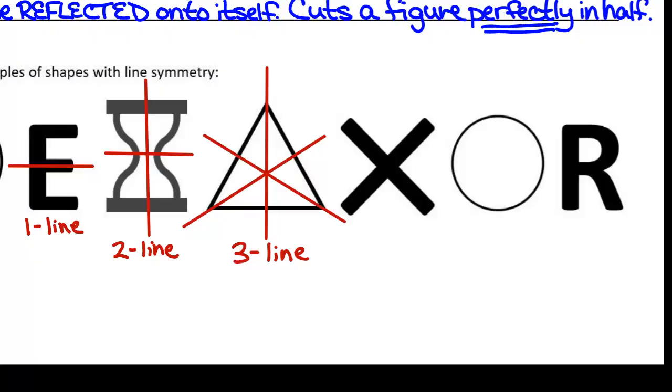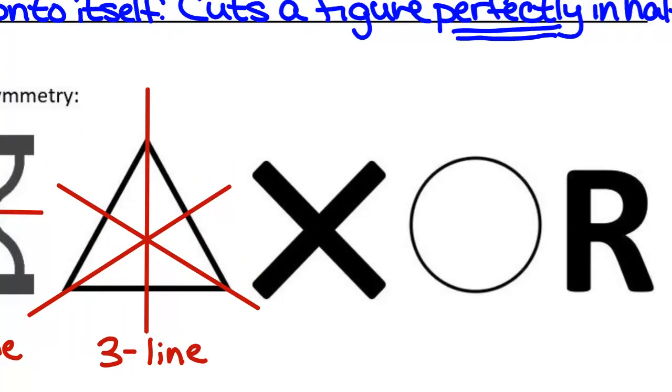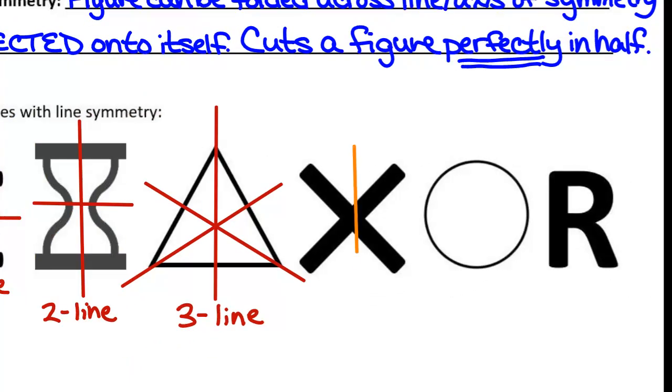All right, now I have this big X shape. Does my X shape have symmetry? Where could I draw lines of symmetry on my X shape here? I can do vertical and horizontal. Vertical cuts it exactly in half. Horizontal cuts it exactly in half. Anything else?